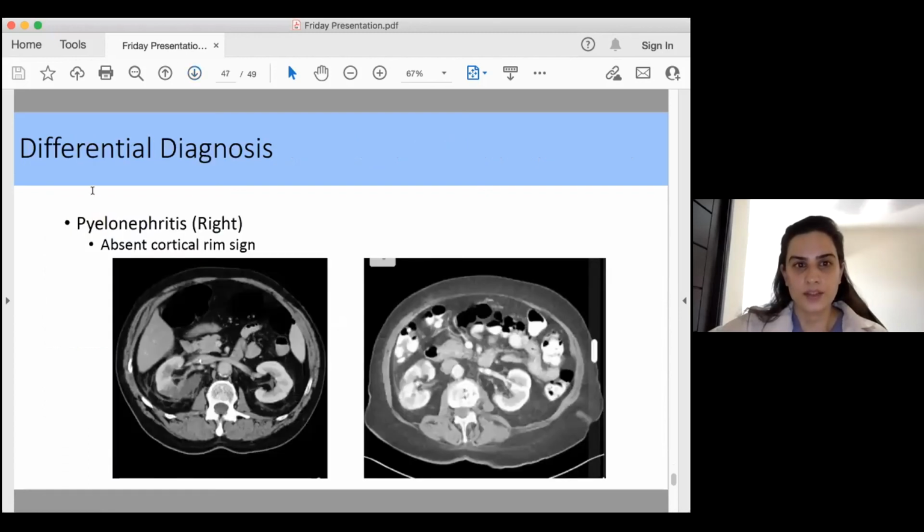So a differential diagnosis can be pyelonephritis, where there isn't a cortical rim sign. So here we can see that there is a rim sign, which would be the infarcted kidney. But in pyelonephritis, we don't observe that. You would almost think that this area here, which is more hypoattenuated, is an infarcted kidney, but it's actually a differential diagnosis with pyelonephritis.